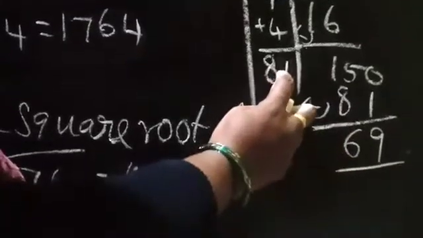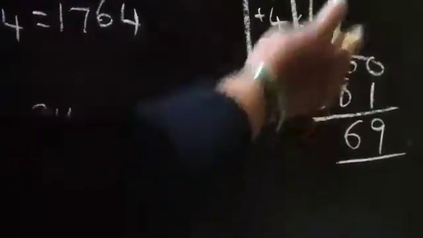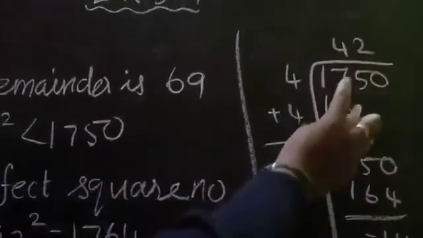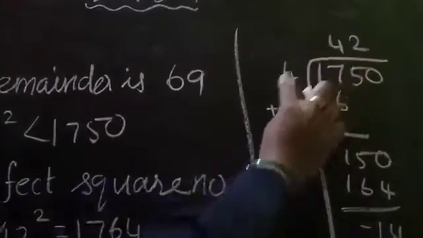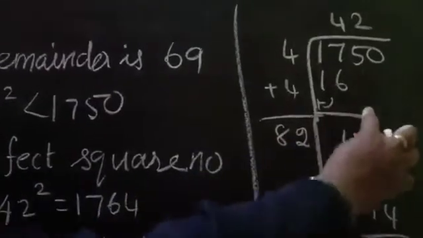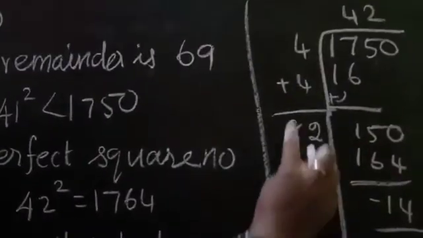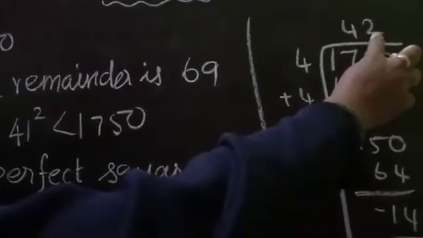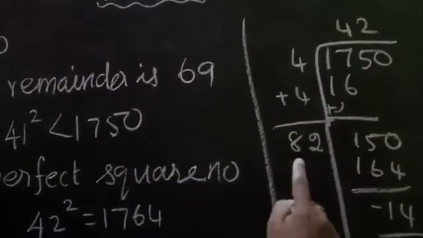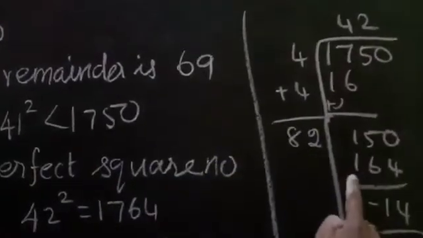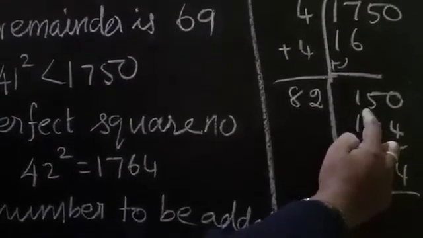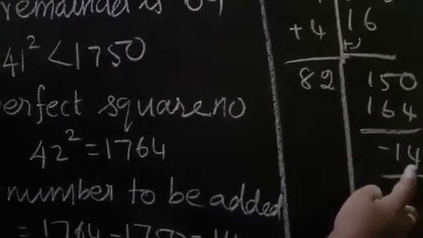Then if you try for 82 here, again in this place 2, that is 42 squared we have to find. Then here 4 fours are 16, 1 is remainder, again bring 50. Then 4 plus 4 is 8. 82 with multiplication with 2, 82 into 2, 164 we are getting. Then 164 minus 150 is minus 14 we are getting.